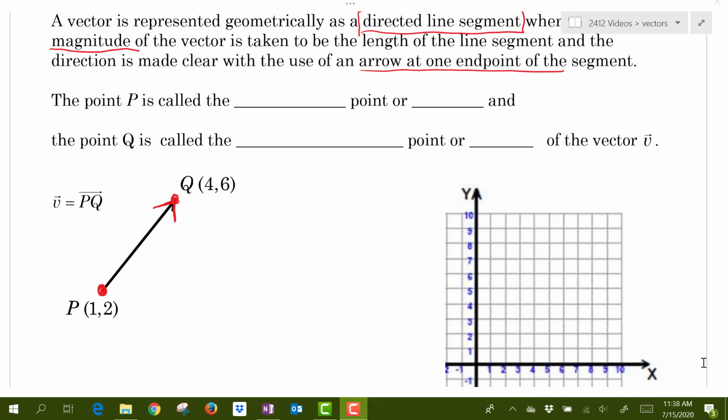Because we have the arrow, we can tell that the vector actually starts at P, and then we travel along that vector and the path ends at Q. So our points are labeled P and Q, and these points have certain names. The point P, sometimes we'll call the initial point, initial meaning beginning.